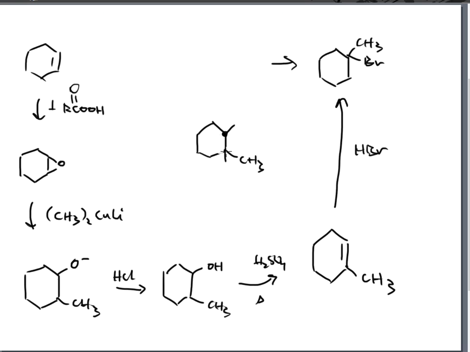So out of these two carbons, which one has more hydrogen? It's going to be the one on the top, the way that I've drawn it here. So hydrogen is going to add on there. And then the bromine will come on next. And folks, this gives me what I'm after. This allowed a more stable carbocation to form. That's why we did that.